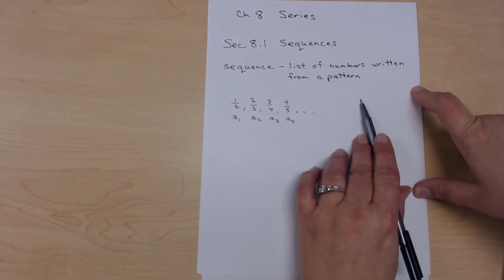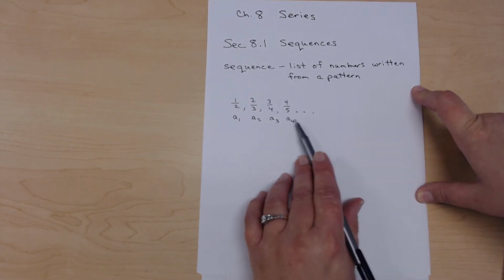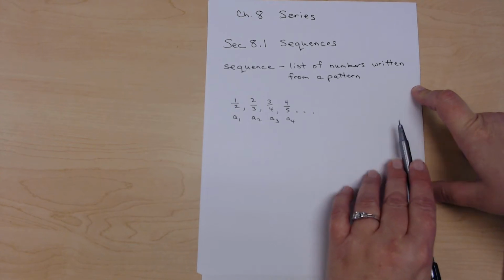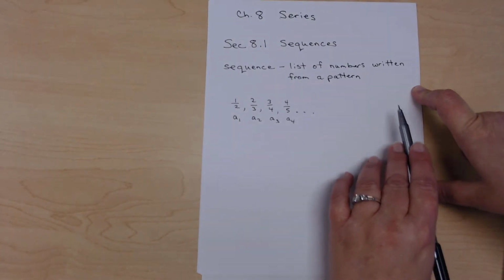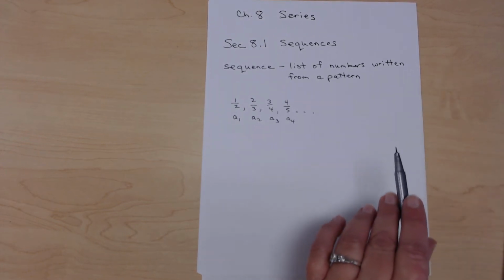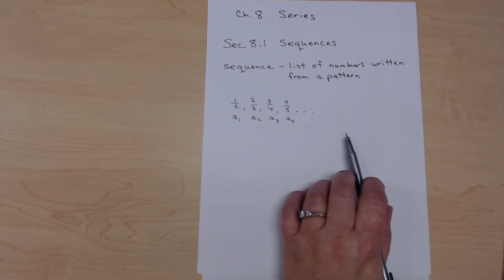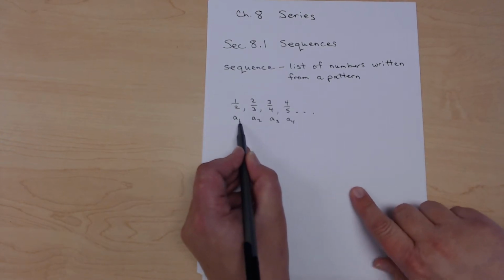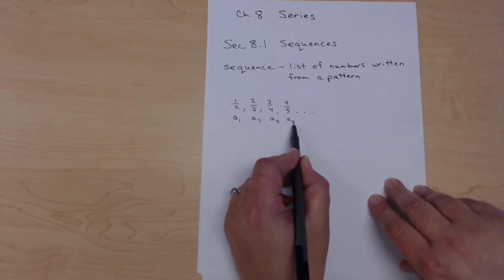If I want the 100th term, I can find it right away. If I'm relating it to the previous term, then I have to write all 100 terms out. So it's always better if we can relate it to this guy, and this guy is called n.